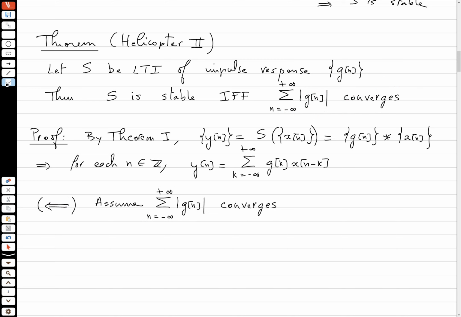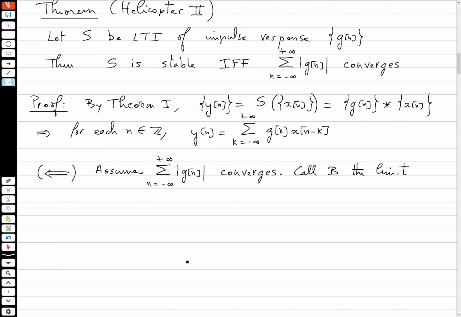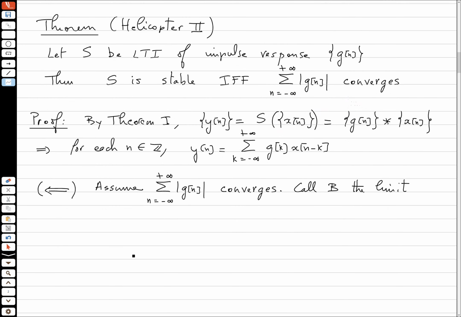Okay, let's assume this. Let's call B the limit. It's a finite number. So let's prove that S is stable.